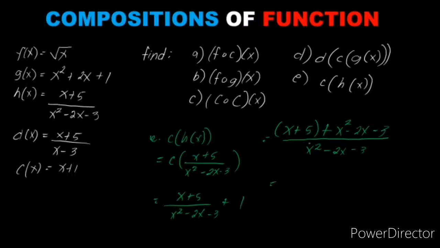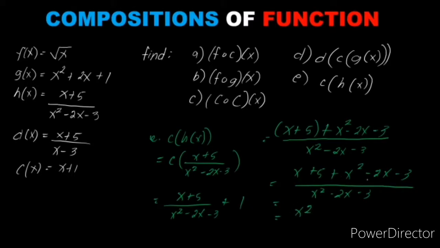So, simplify natin. Alisin muna natin yung parenthesis para hindi nakakalito. Plus x squared minus 2x minus 3. So, we have yung x squared may over pala tayo. So, we have x squared minus 2x minus 3. So, equal to, lagay natin yung x squared sa una.